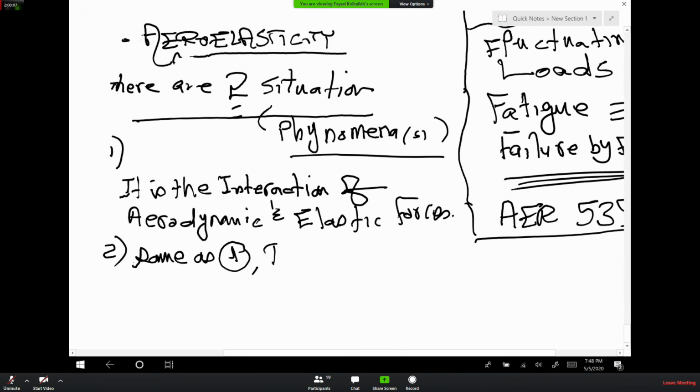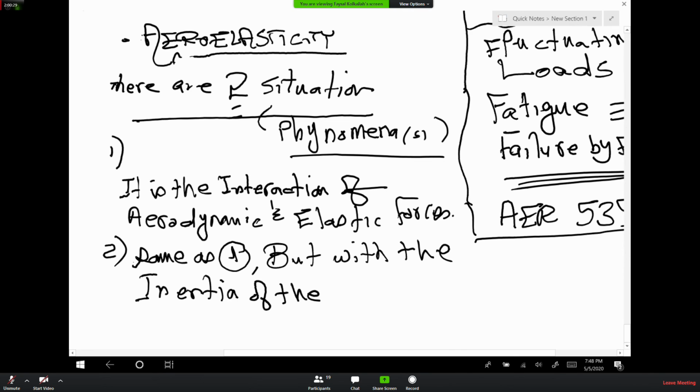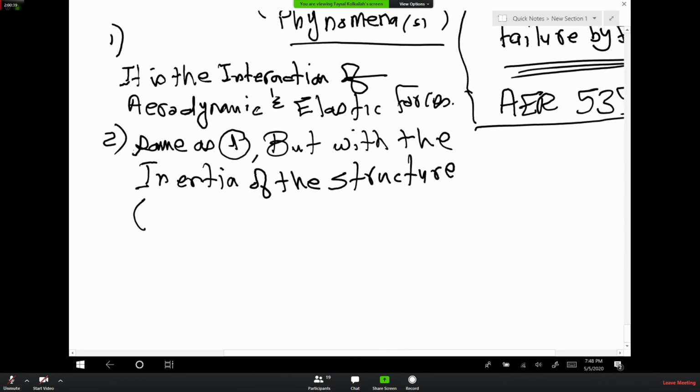So what's the difference? The difference is that this case number two is with the inertia of the structure. The problem with that is the inertia of the structure is a dynamic loading, a gust.